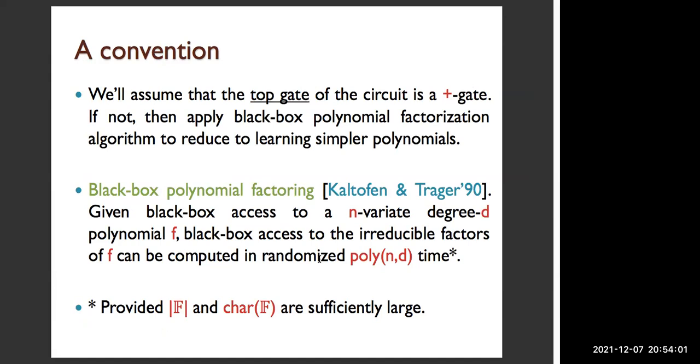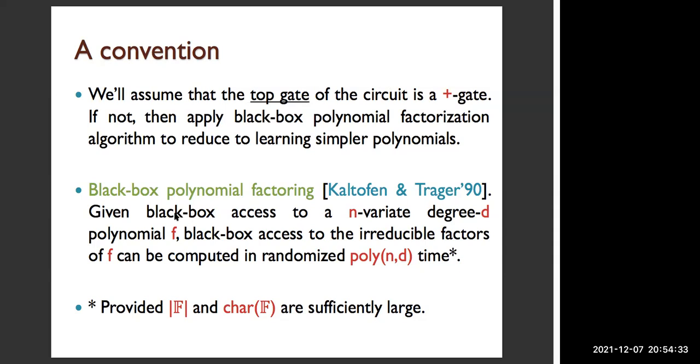What this means in our context is the following convention: we'll always assume that the top gate of the circuit is a plus gate. Why not a multiplication gate? Because if it is a multiplication gate, then it factorizes, and each of these factors is a simpler circuit, let's say of smaller depth. This is where the black box polynomial factoring algorithm by Kaltofen and Trager comes in handy.